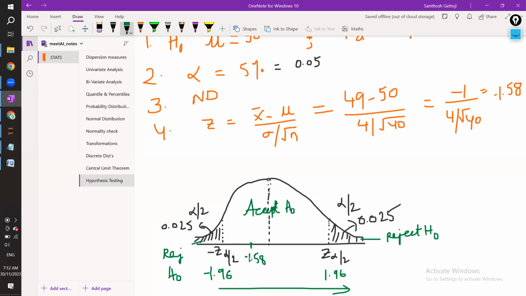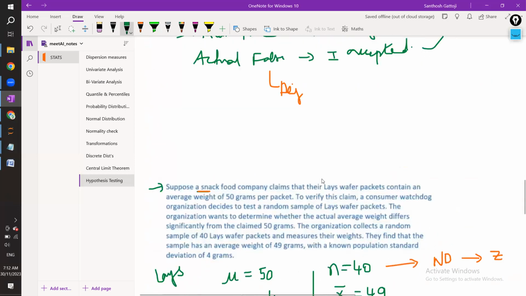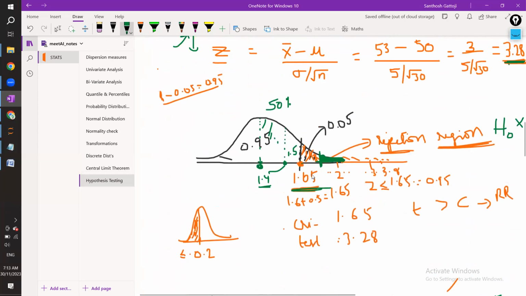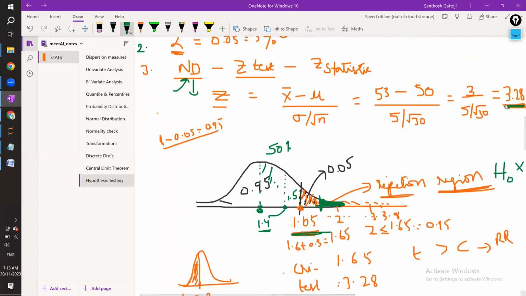In yesterday's scenario, our test statistic was 3.28, and our critical value started from 1.65. Anything greater than 1.65 was our rejection region, and 3.28 will obviously be somewhere over here.